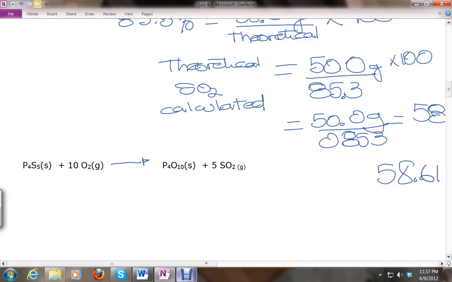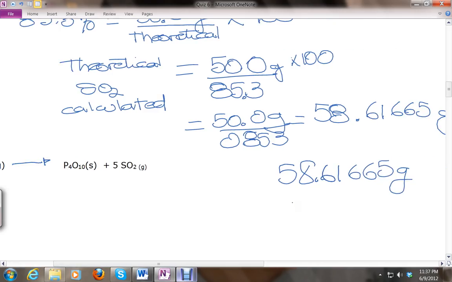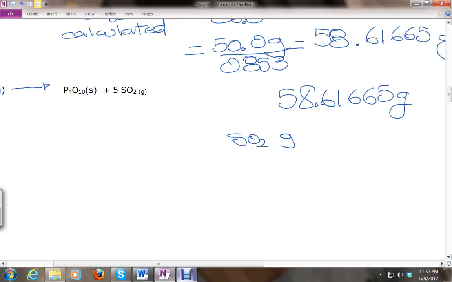So we divide the grams of SO2 by the molar mass of SO2 to get the moles of SO2.